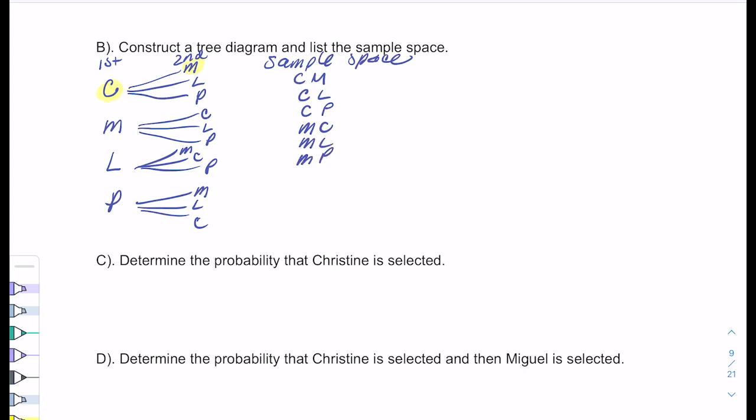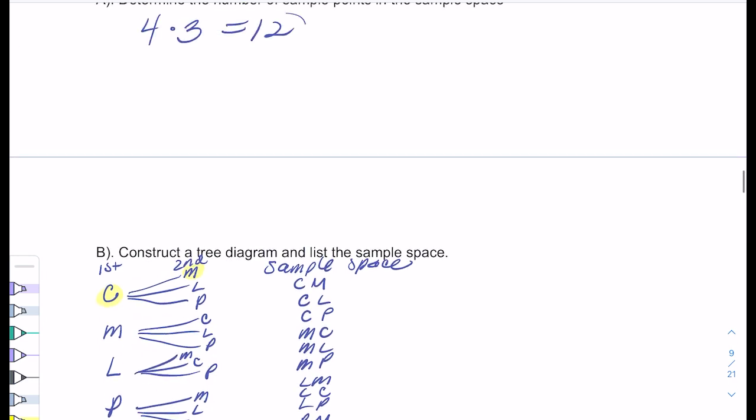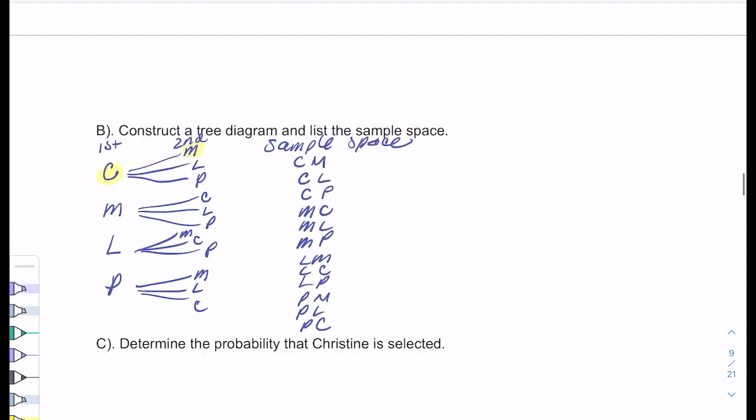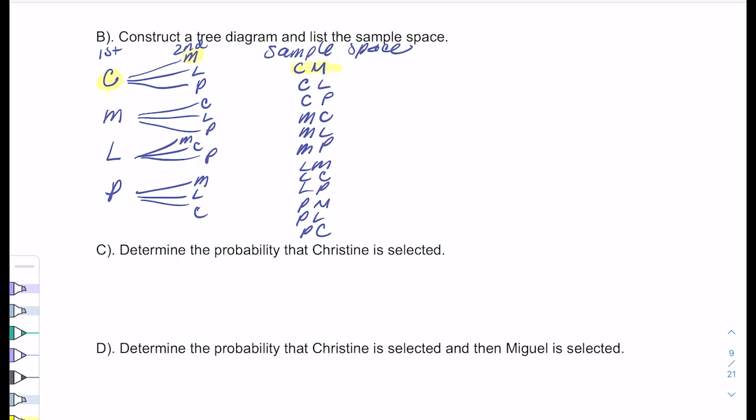And you're going to do the same thing with the L and the P. So as you can see here, we came up with 12 different sample points. Each of these is a sample point in your sample space. So we have 12 different sample points. And this is a visualization.